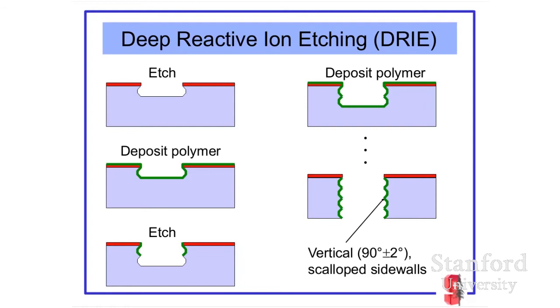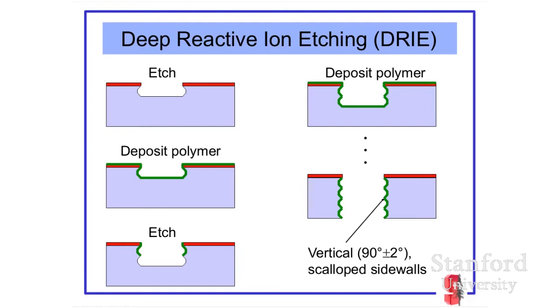And what I can do then, and what happens automatically in this process, deep reactive ion etch, is that I deposit a polymer, and then I etch the polymer at the bottom of that hole. I etch it with a directional etch so that the bottom is exposed, and I can repeat the process.